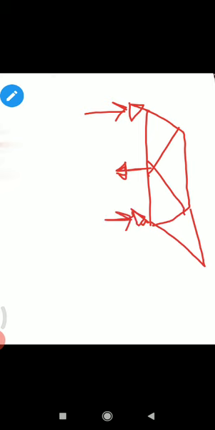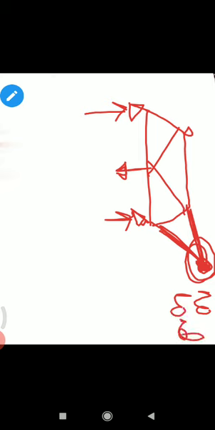Suppose this is a basic structure. These are the supports, and here we have a structure. External load is acting over here. Due to this load, reactions are generated over the supports. So in this case, if we look at this particular joint, then through this joint two members are connected, this one and this one, and we also see that at this point no load is acting.